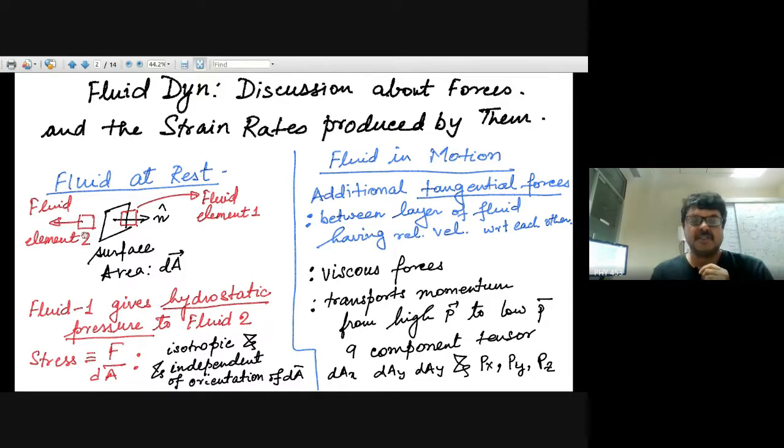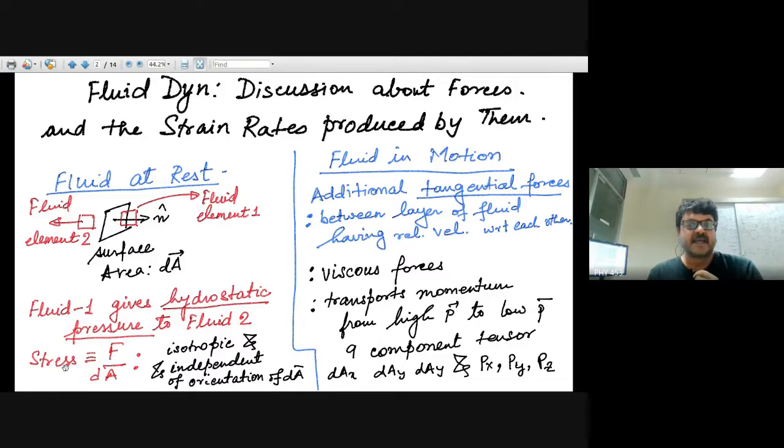So the pressure acted upon by fluid element 1 on 2 acts in this direction, if we take the surface normal to be in this direction. And similarly, fluid element 2 gives hydrostatic pressure to fluid element 1, right?